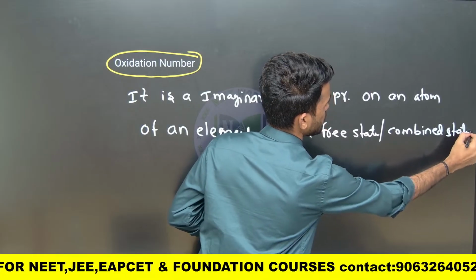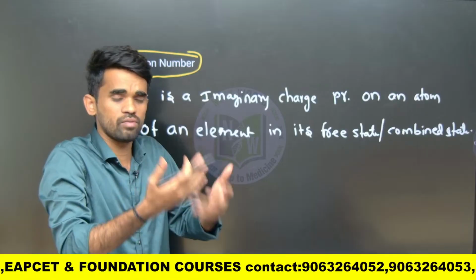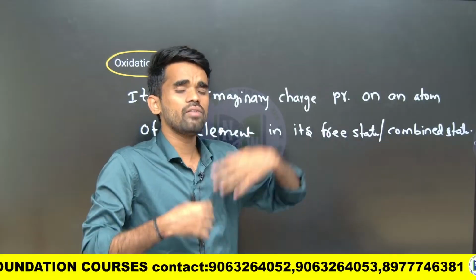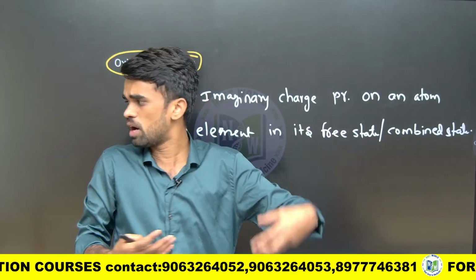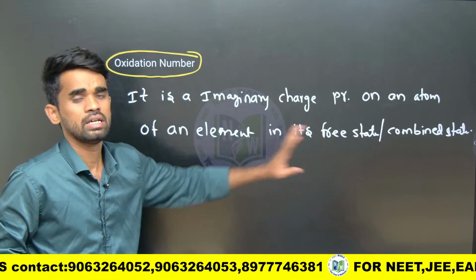Free state means when it is existing freely without combination with any other species, and combined state means when it is combined with other elements to form a compound. In that case, what is the charge present on it? That is what I am saying here.